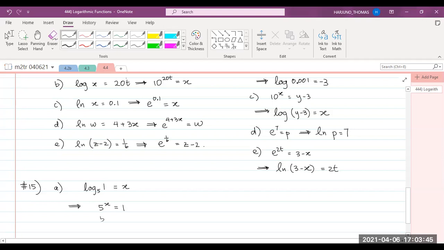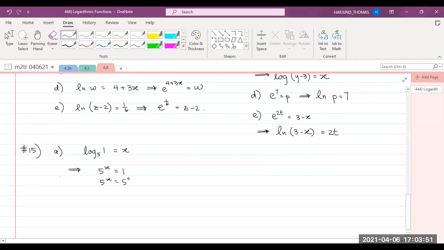Oh, but 1 is 5 to the 0, right? From there, we see that by one-to-oneness, x equals 0. Therefore, log base 5 of 1 is equal to 0.